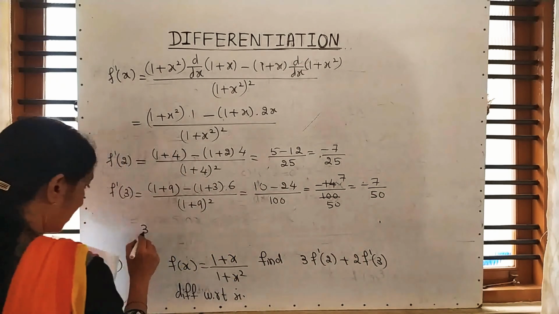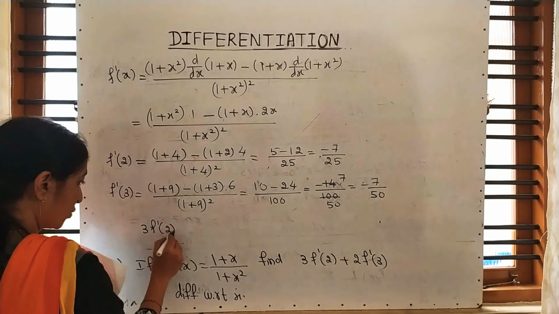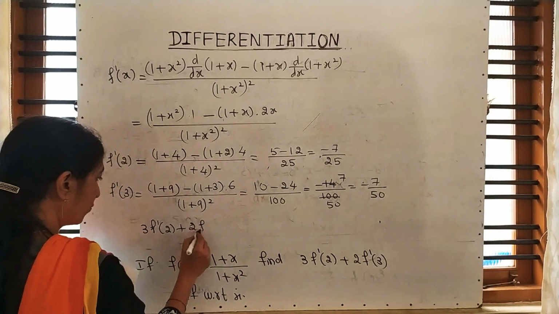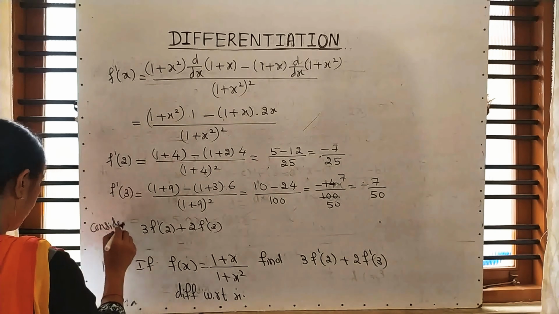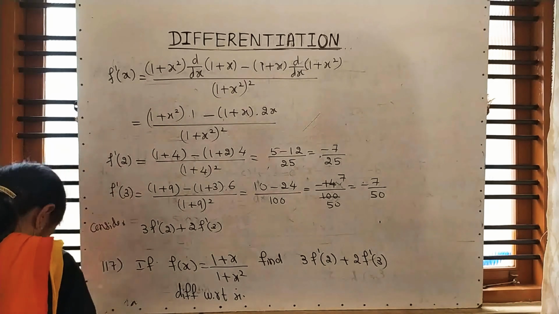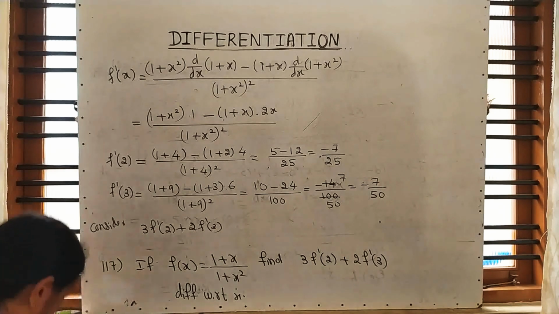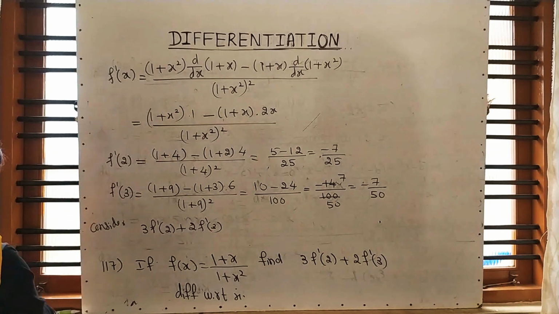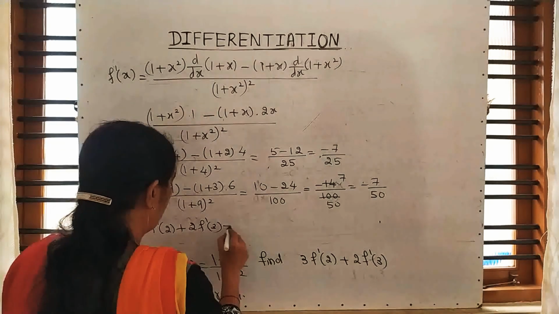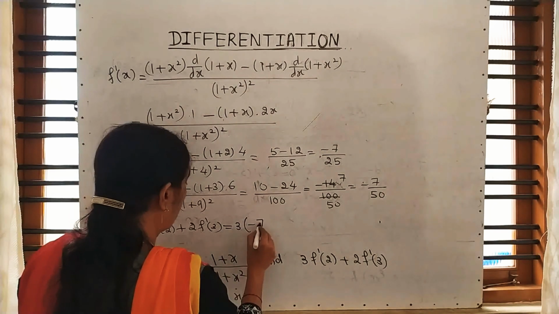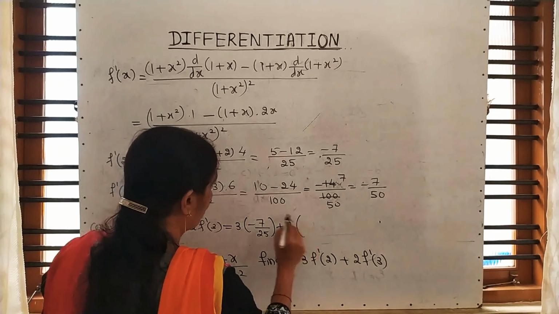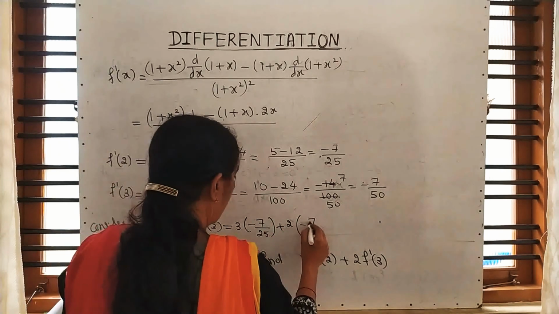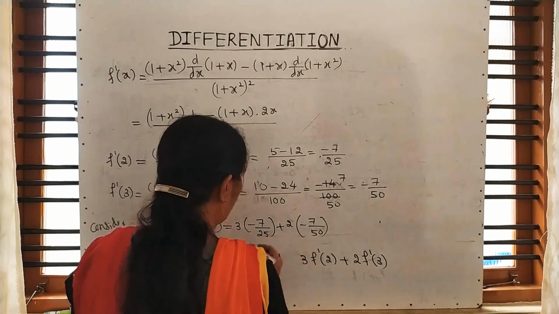Now write down. What is required? 3 into f dash of 2 plus 2 into f dash of 3. Consider. Substitute the values. 3 into minus 7 by 25 plus 2 into minus 7 by 50.